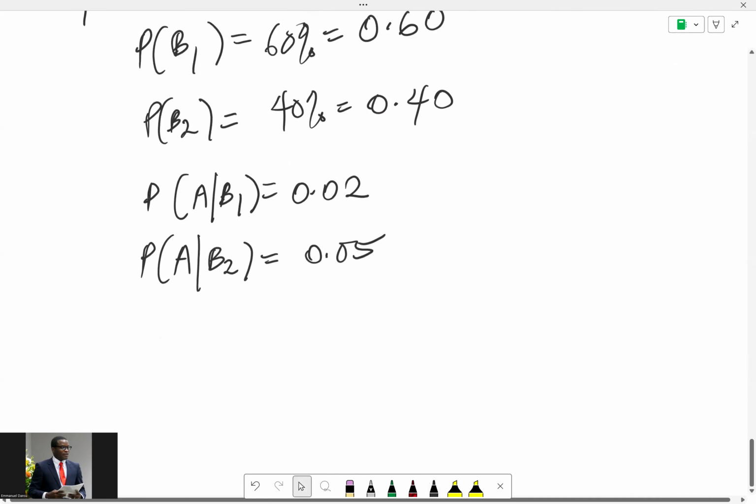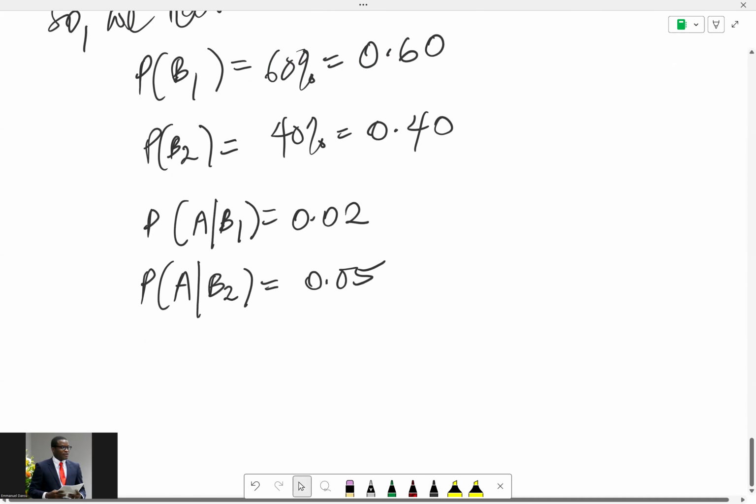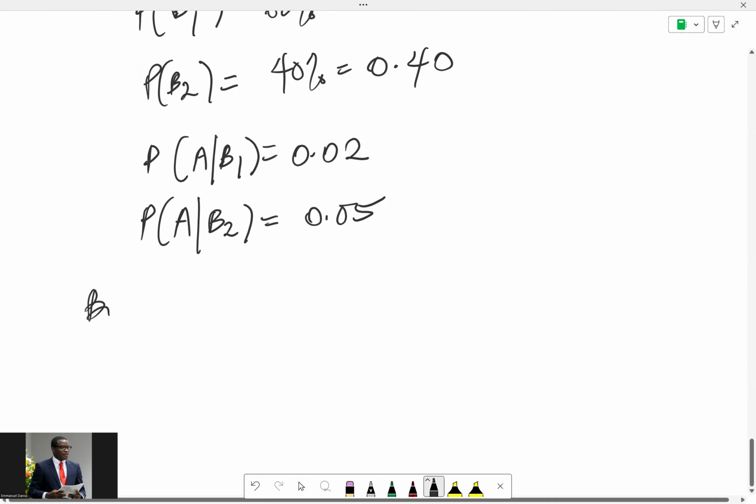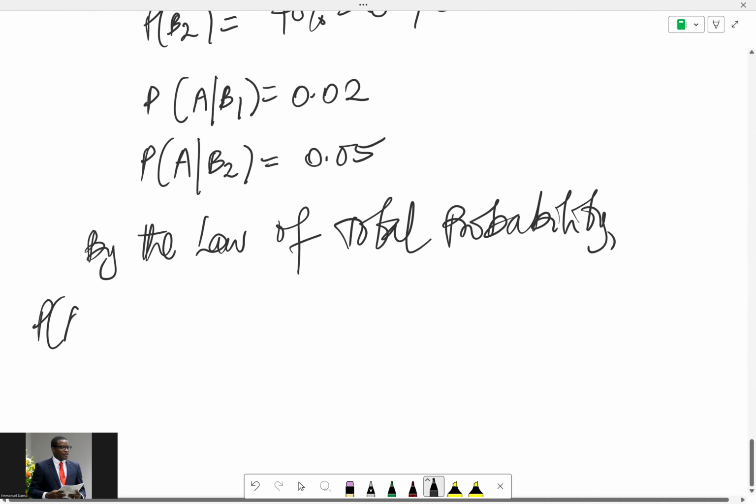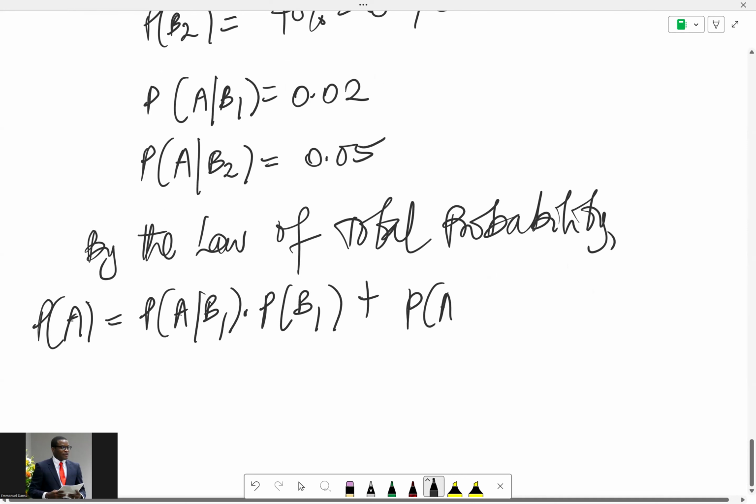So if we put all of that together, we can go by the law of total probability. The probability that a product is defective is the probability that it is defective given it comes from factory 1, multiplied by the probability that it comes from factory 1, plus the probability that it is defective given it comes from factory 2, times the probability that it comes from factory 2.